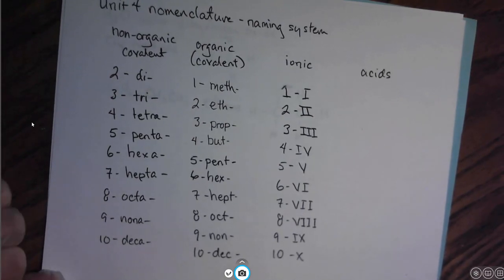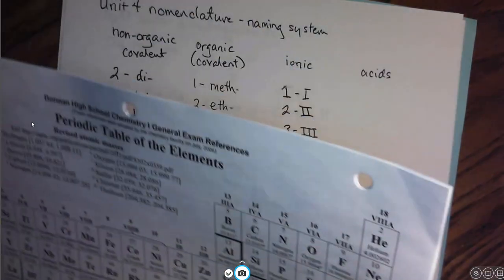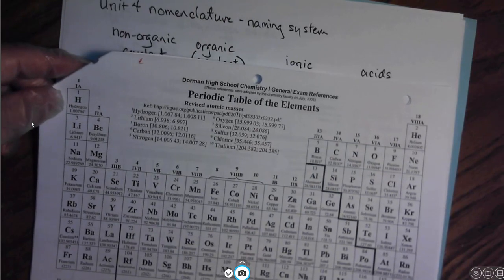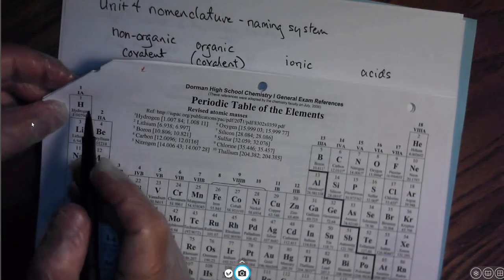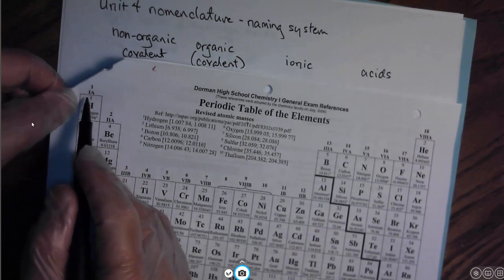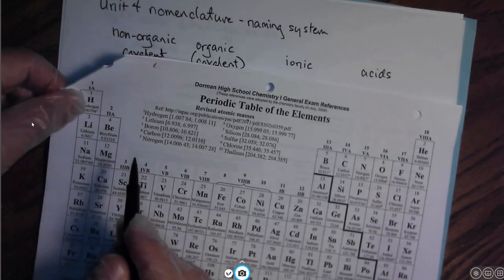So I guess you're going to have to memorize those too. But I'll give you a little hint. A lot of these numbers are at the top of the periodic table. Okay? So right here over hydrogen, if you look there with me, that's 1A. And that's 2A.